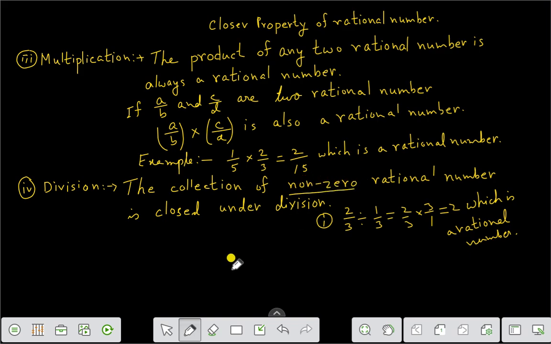But if we take 0, for example, let us take any rational number, suppose 2 by 3 divided by 0 is not defined, or undefined.